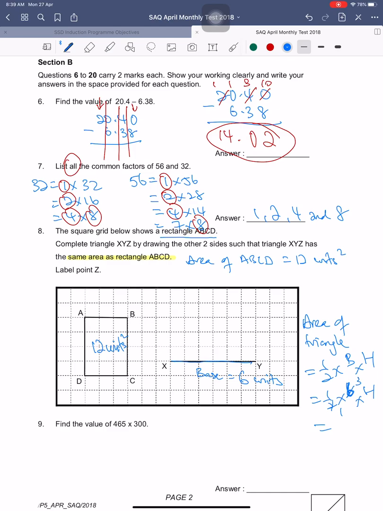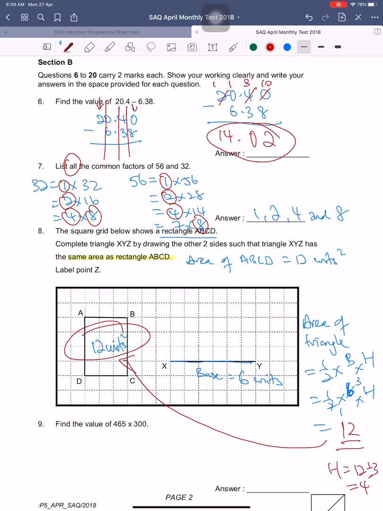That means 3, you have to ask yourself, 3 multiplied by what number to give you an area of 12. Why 12? You remember, that is the area of the rectangle. The area of the triangle must be the same. So what must the height be? Yes, the height must be 12 divided by 3 equals 4.